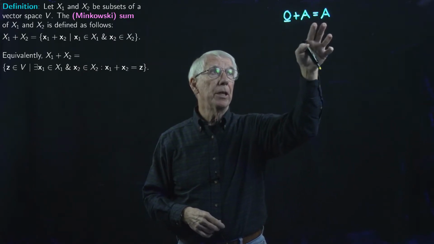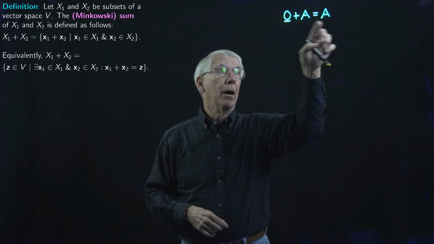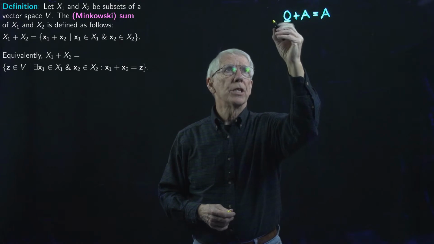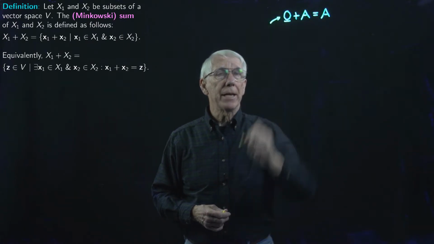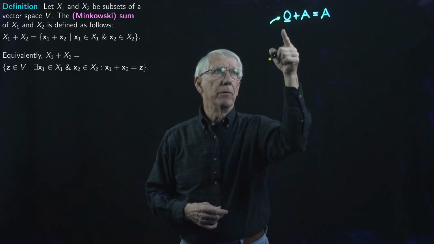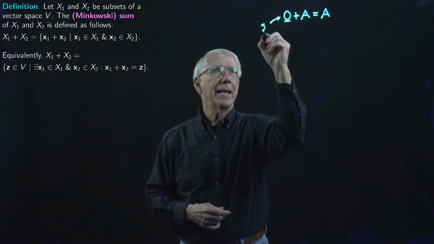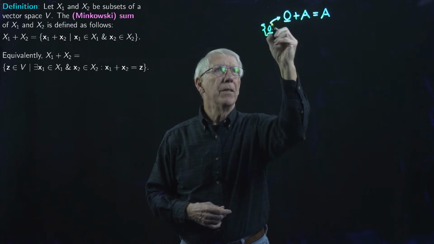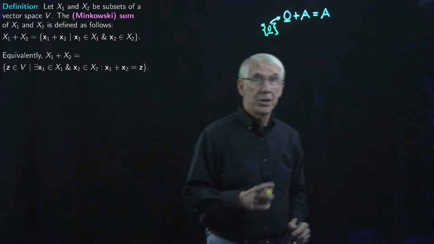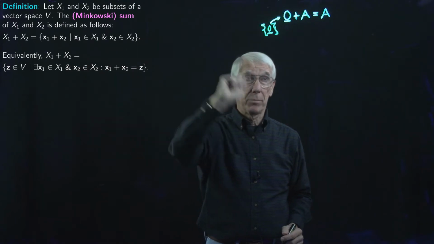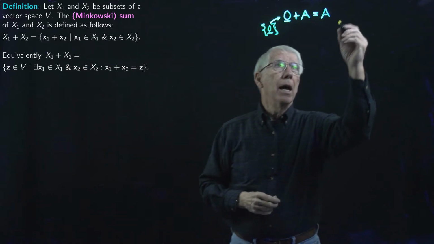So it seems clear this is going to be like an additive identity. Of course, this is supposed to be a set, not a vector, but often when we have a singleton set, a single vector, we just write the vector. Technically that should be the singleton set consisting of the origin, because we add two sets, not a vector plus a set.